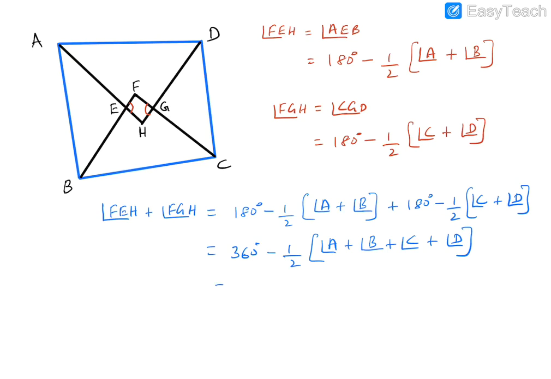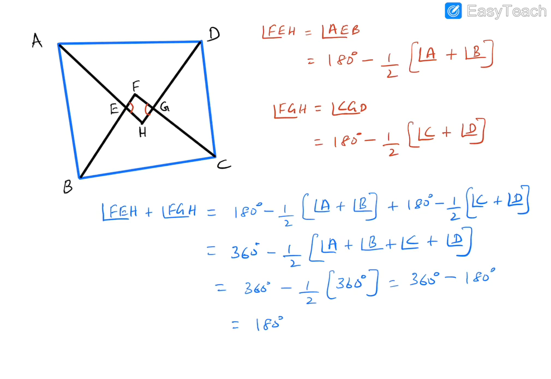So therefore we get 360 degrees minus half of 360 degrees, which is 180 degrees. So that becomes equal to 180 degrees.